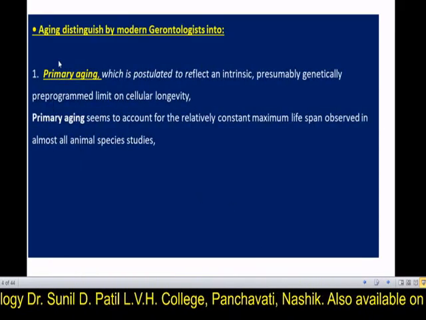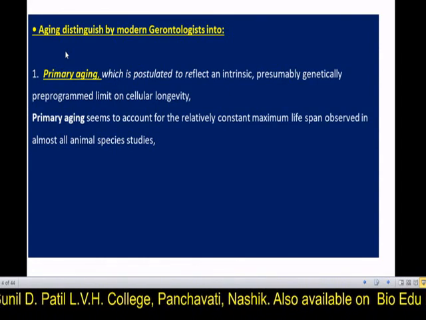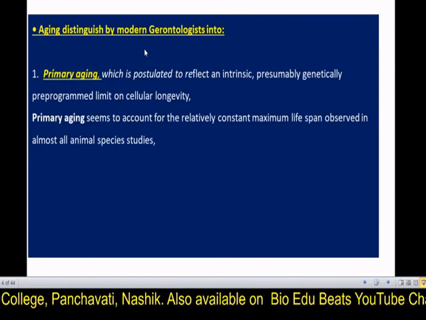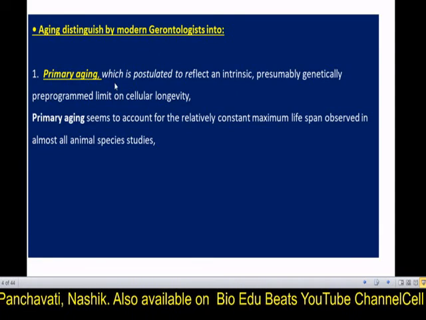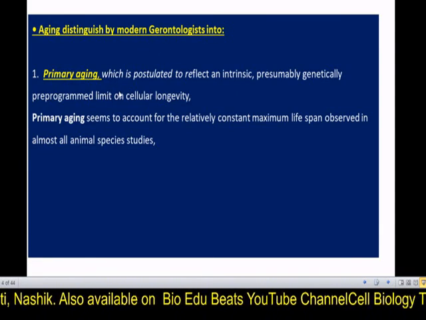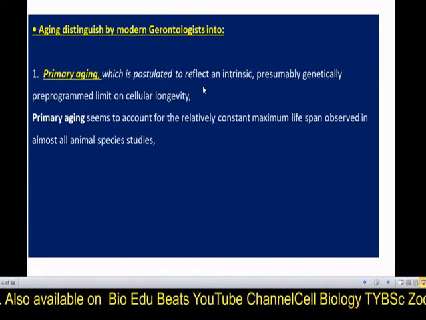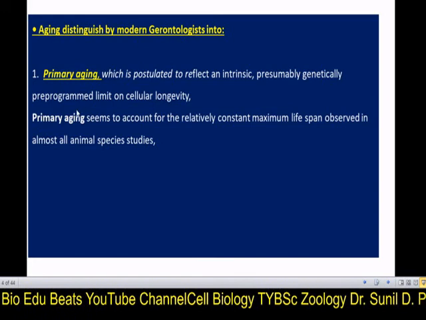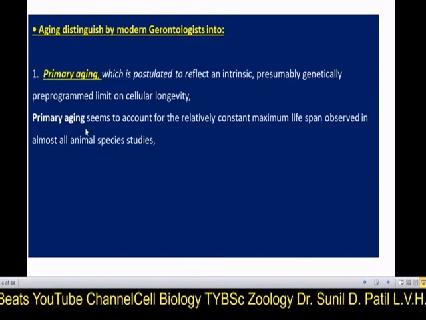Now we are going to see the aging types distinguished by modern gerontologists. Gerontology is the study of aging. Primary aging is postulated to reflect an intrinsic, presumably genetically programmed limit on cellular longevity.